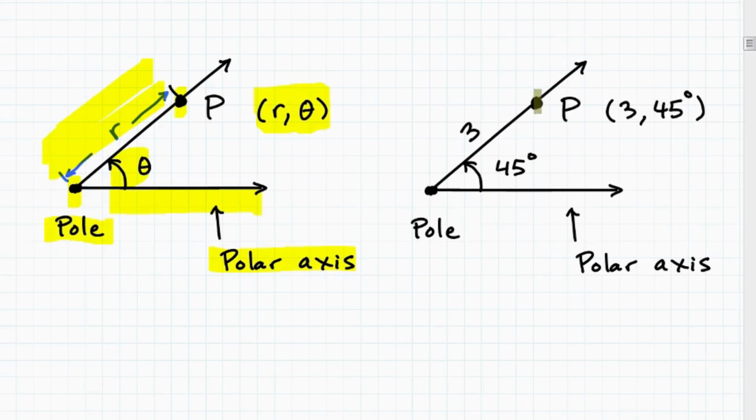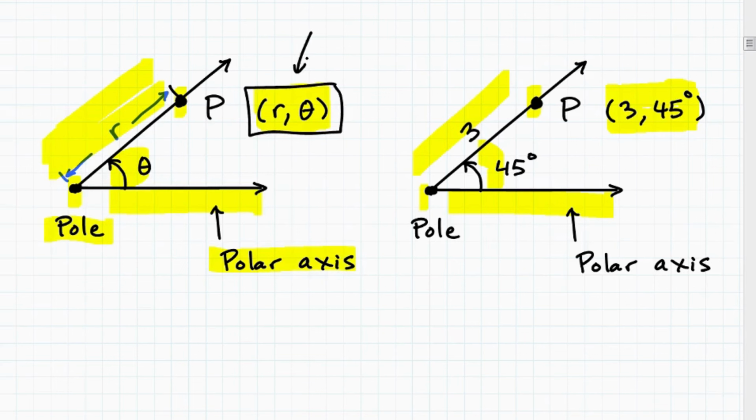For example, here's this point P. Here's my polar axis. Here's the pole. This angle here is 45 degrees, and this distance out here is 3. So this point is at (3, 45°). The form of a polar coordinate is (r, θ), r being the radius, the distance out from the pole, and θ being the angle in standard position.